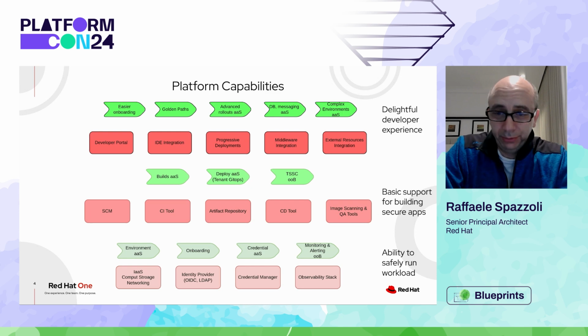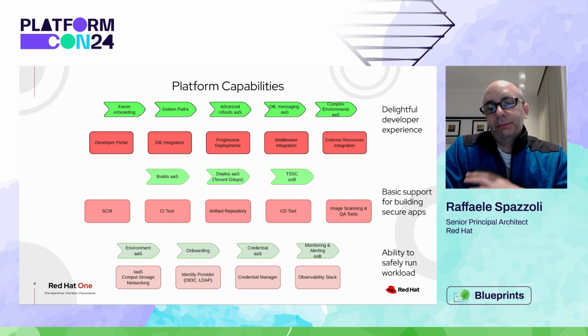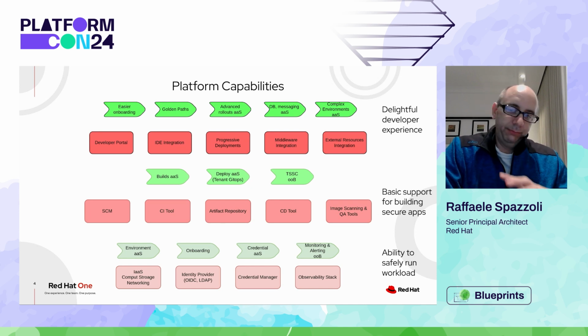And the last level where we really start more looking at the developer experiences when we build a portal, when we have better IDE integration of the IDE with all the other processes to get better inner loops. We start to have progressive deployments, so more advanced way of doing deployments or rollouts. And we have integration, middleware integration, and external resources integration.